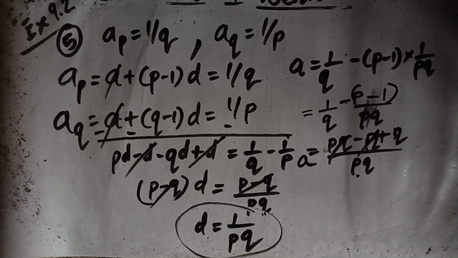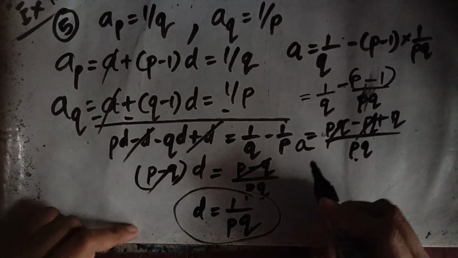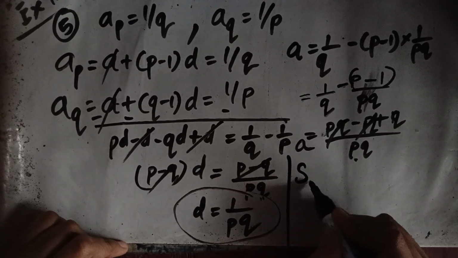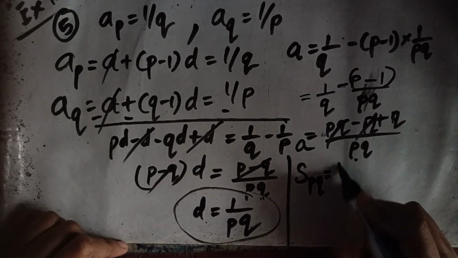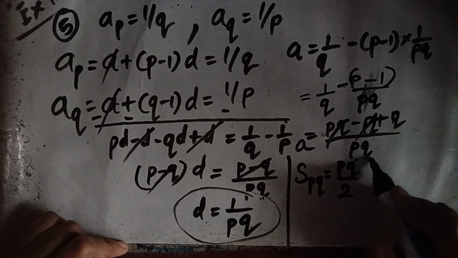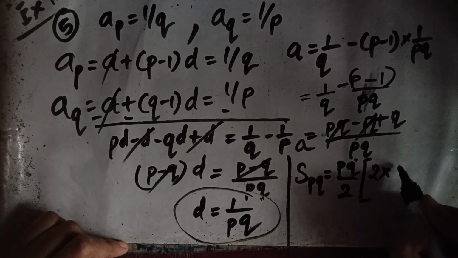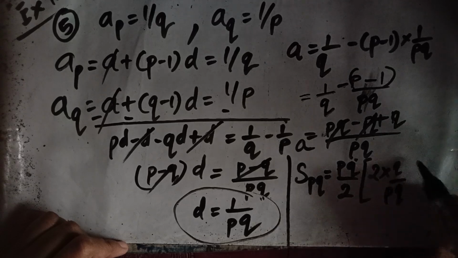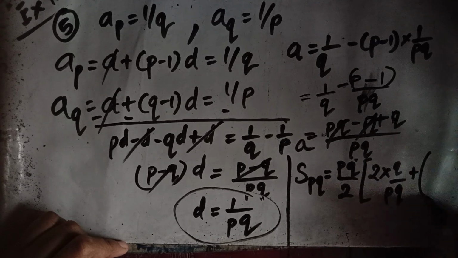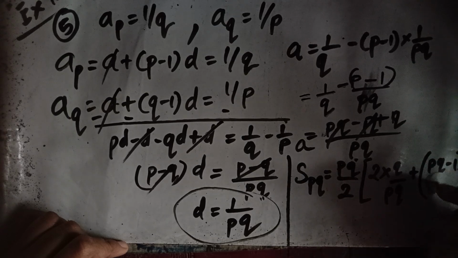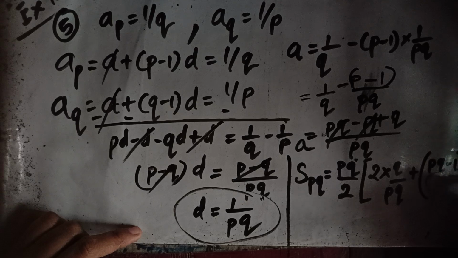Okay. We have to find the sum using the formula n by 2, that formula. So the sum is given by the sum of pq terms. So pq, n is pq by 2. 2 into a is q upon pq plus n minus 1, pq upon pq minus 1 into d. d is 1 upon pq.